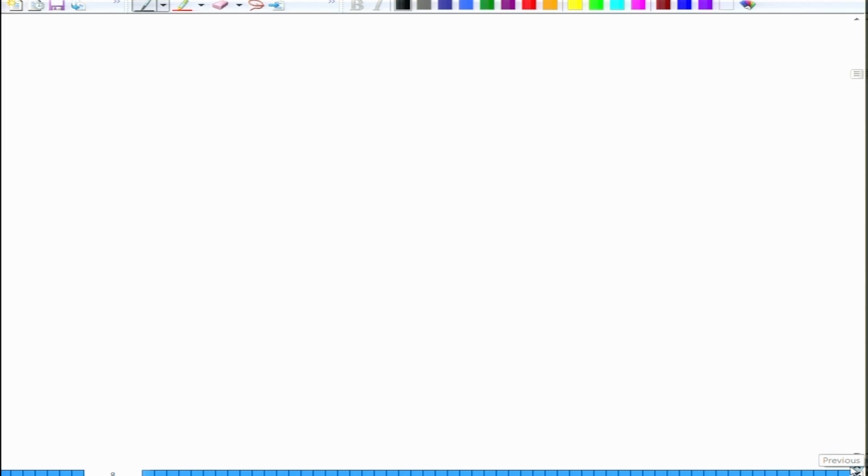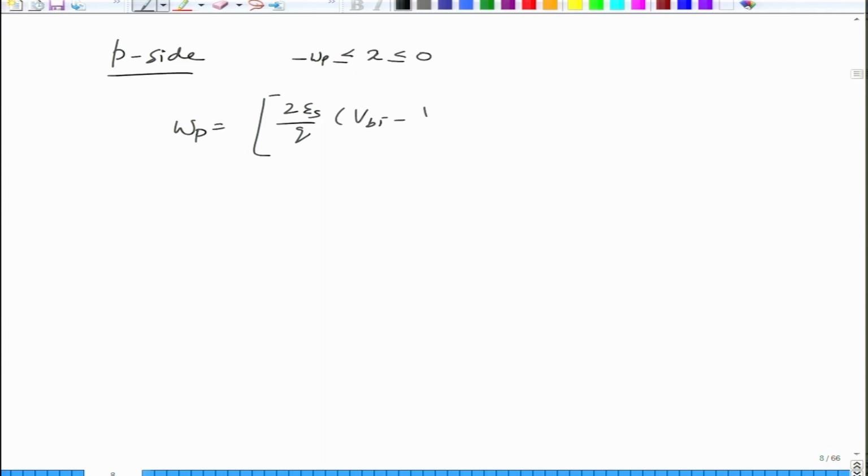Similarly, if you write the same equations for the P side, for x between 0 and minus Wp, your Wp will become equal to (2 epsilon s by q into VBI minus VA into Nd divided by Na into Na plus Nd) to the power half.